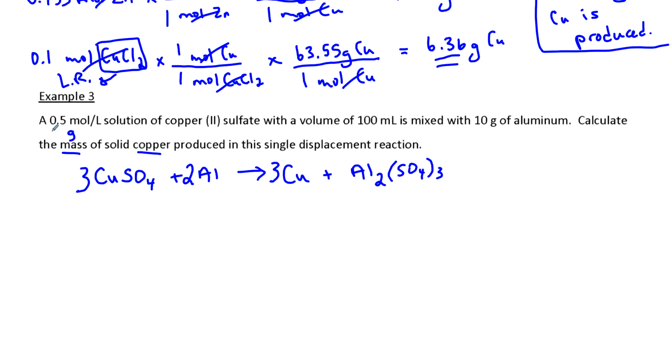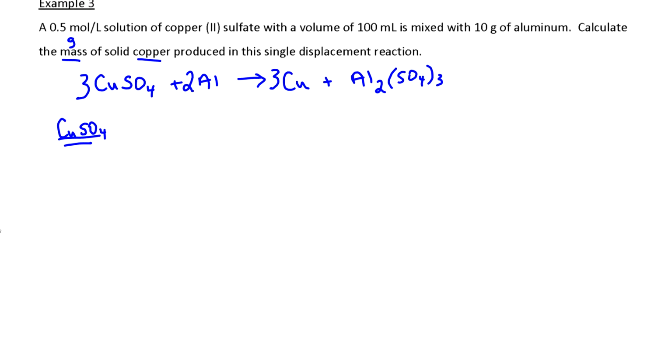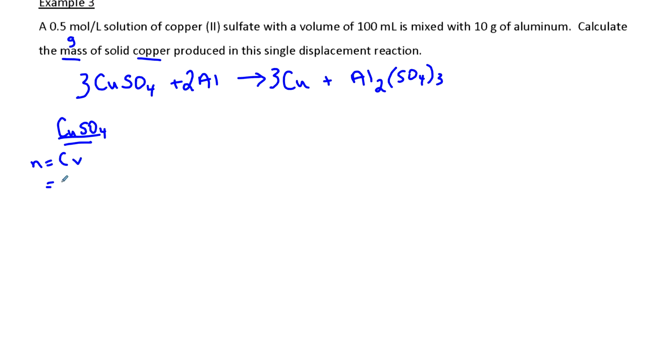Okay, so again, let's deal with our reactants and make sure they're both in moles. So the copper 2 sulfate is a solution, therefore I'll use N equals CV. I've got 0.5 moles per liter for a concentration and 100 milliliters or 0.1 liters for a volume.